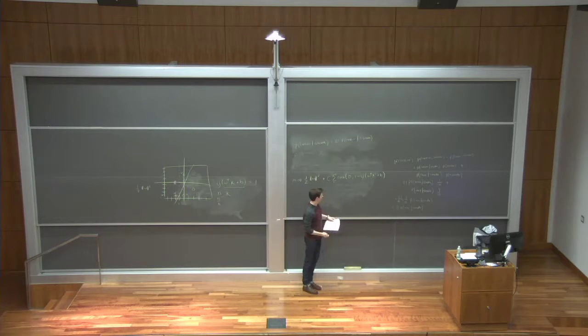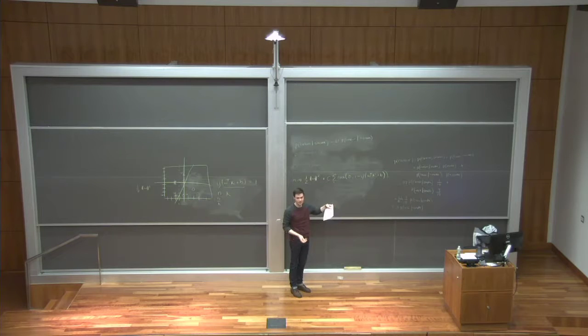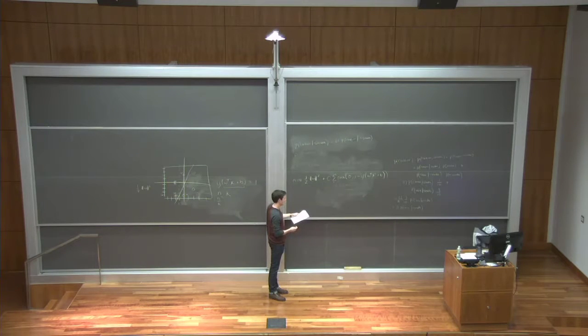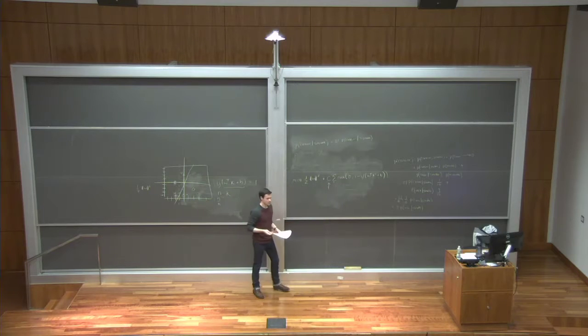Does anybody want me to spend time to talk about how this is equivalent to the definition that we see in class, or should I just switch to the definition that we see in class? We're okay with this? Okay. So this is exactly equivalent to the definition that we've seen in class. And so problem 2 is asking, when we change this constant, this hyperparameter, how does it change training?